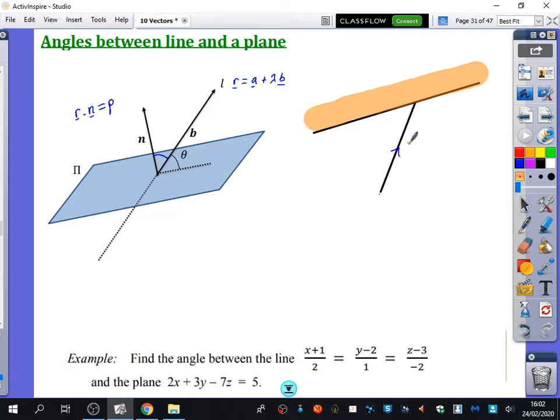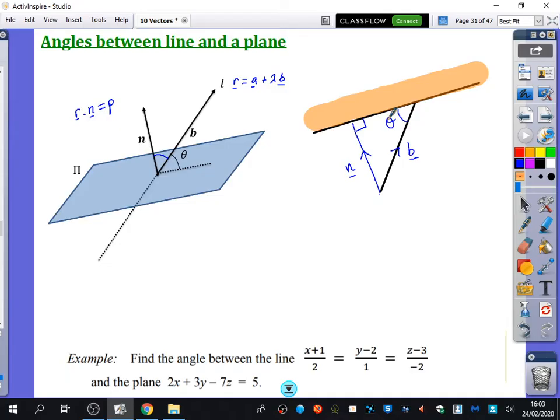So this vector here is B. And this vector here is the normal one. Now, if I was going to find the angle between them, the one I want to find is this one.